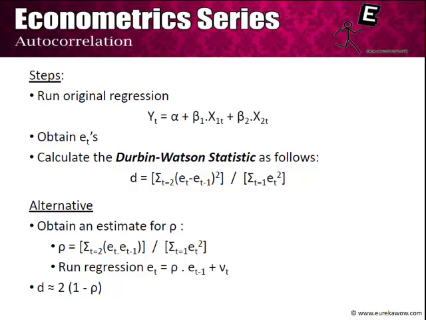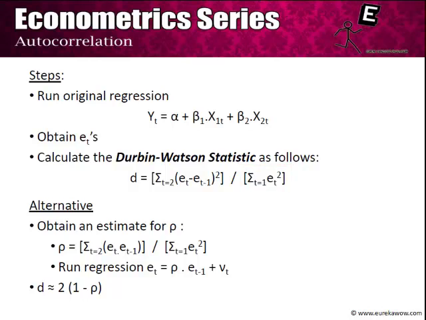So we find the difference of et from et minus 1 for all t starting from 2. We square this difference and then sum it over all t from t equal to 2 to t equal to n, and we divide it by the sum of et squares from t equal to 1 to t equal to n. This gives us the Durbin-Watson D statistic.